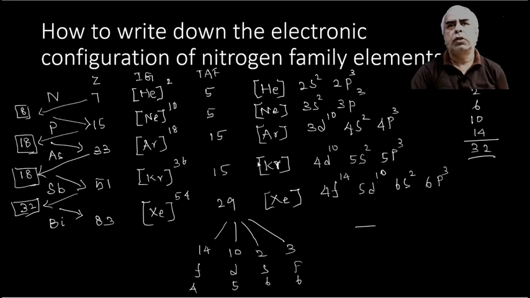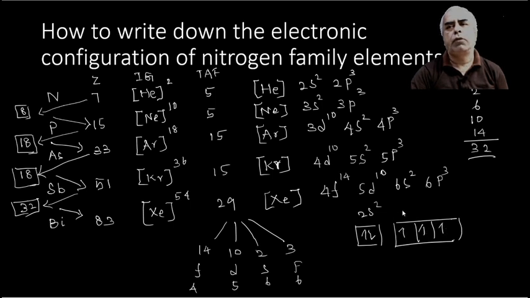Let us write down the electronic configuration of nitrogen in a box model. Nitrogen is 7. Let us consider the outermost shell, 2s2, 2p3. It can be indicated by a box model like this. 2s2, so we have a lone pair of electrons, and 2p3, so each has one electron.